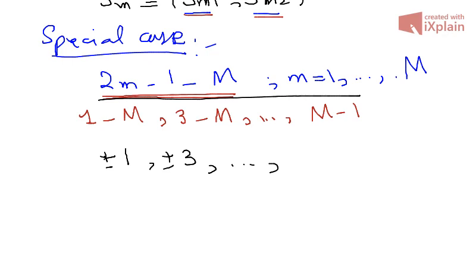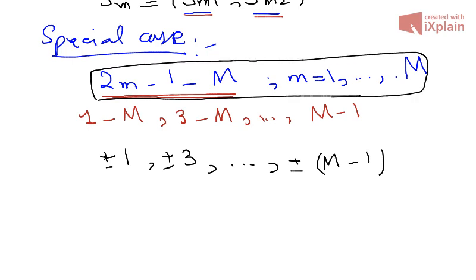The last value is plus minus M minus 1. So if you have M equal to 4, it will be plus minus 1 and plus minus 3 only. So Sm1 and Sm2 take these specific values.